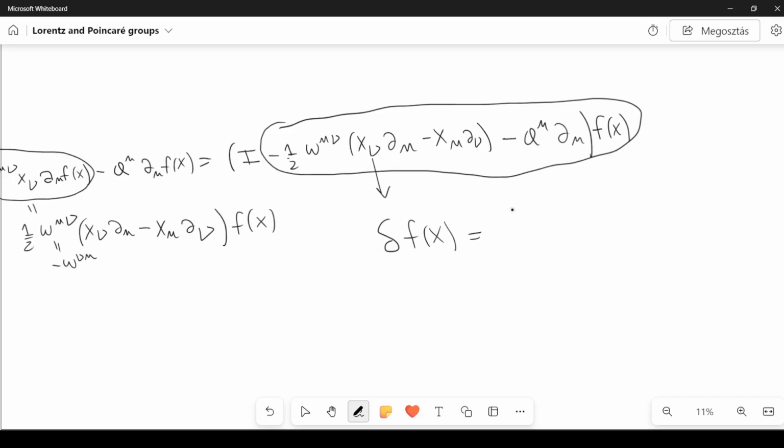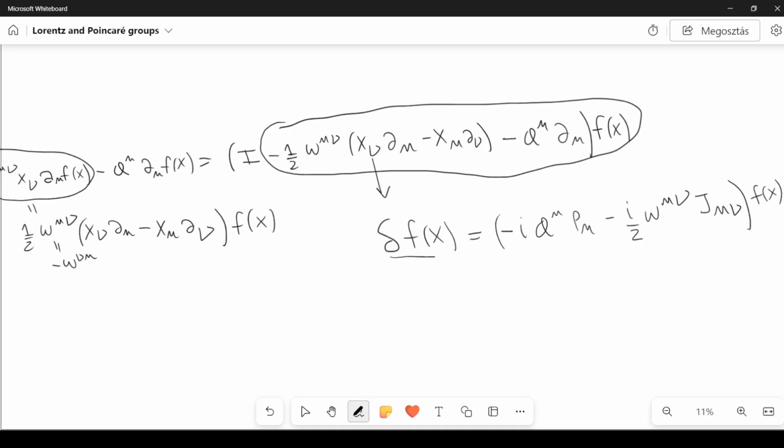So we might define it, so this is actually a definition. The change in f of x can be written as minus I times a mu p mu minus I over 2 omega mu nu j mu nu, and they are applied to f of x.